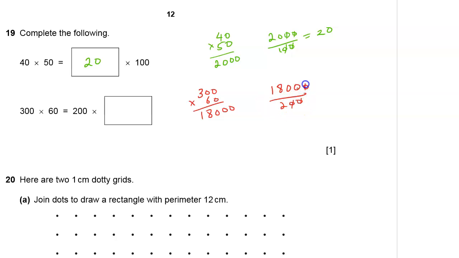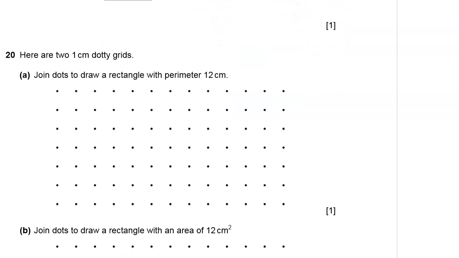You cancel the zeros, so this will be 180 divided by 2, which gives us 90. So the answer here is 90. 90 times 200 gives us 18,000. 300 multiplied by 60 gives us 18,000. Question number 20.